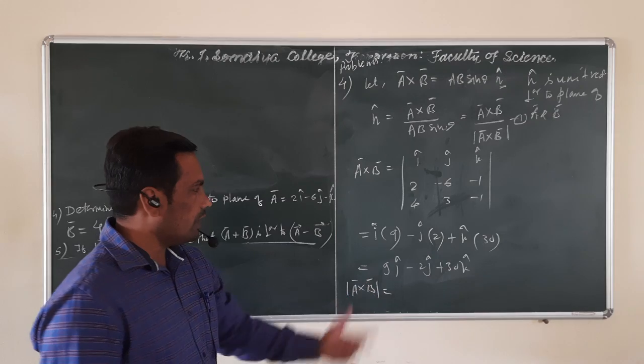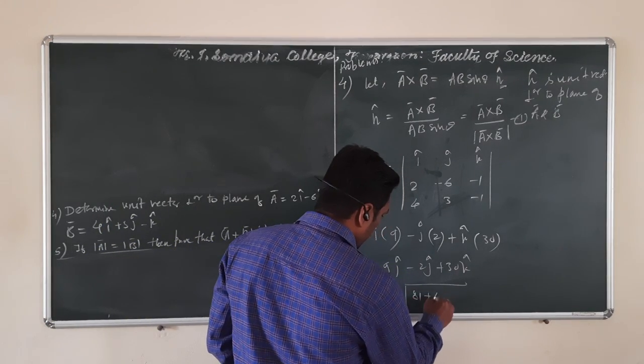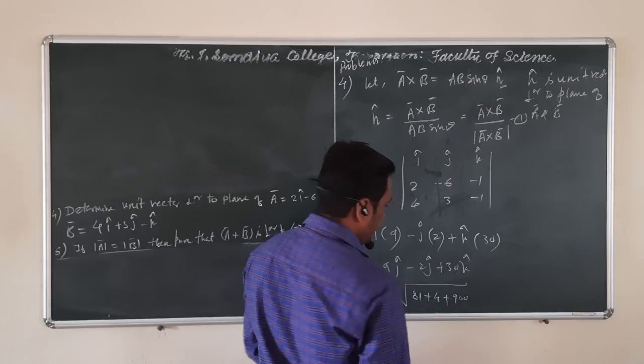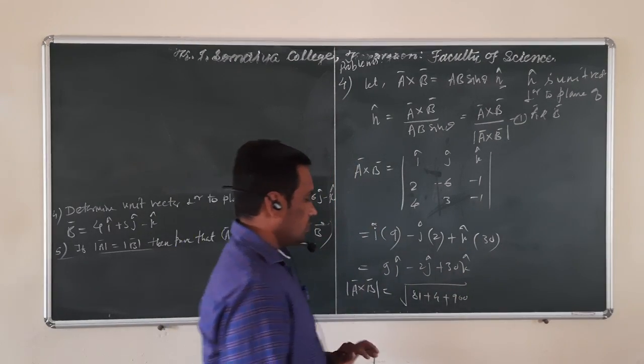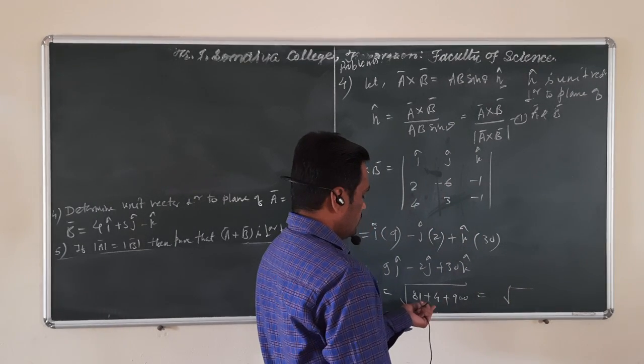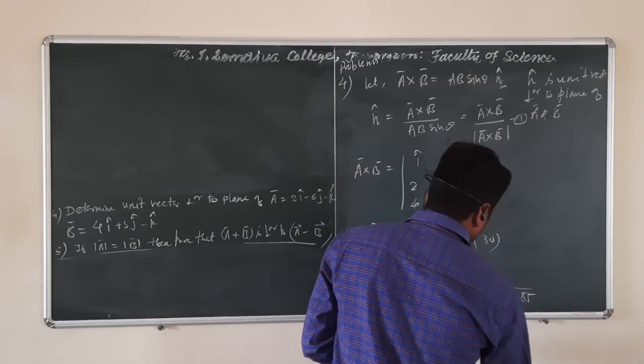Now the magnitude of vector A cross B is equal to the square root of 81 plus 4 plus 900, so this is equal to the square root of 985.